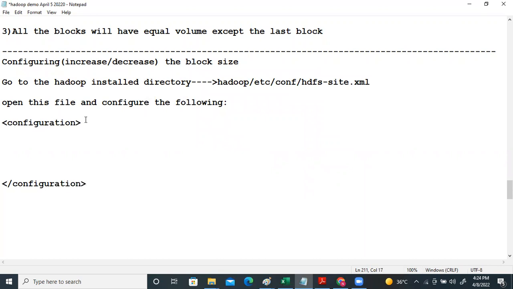Within this configuration, there is one more tag called property, opening and closing. Within the property, name and value. The property name is dfs.block.size.